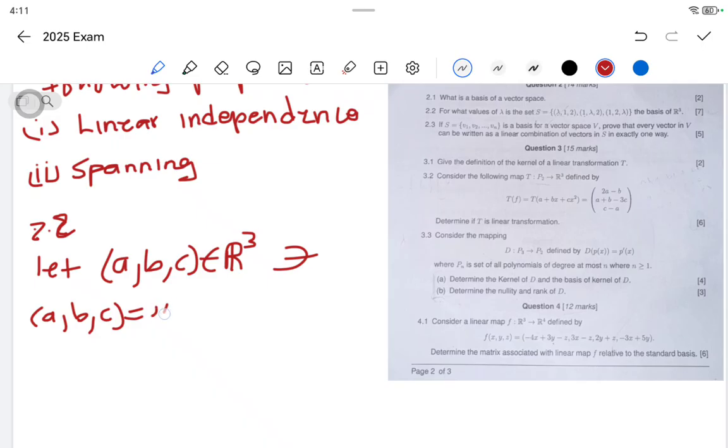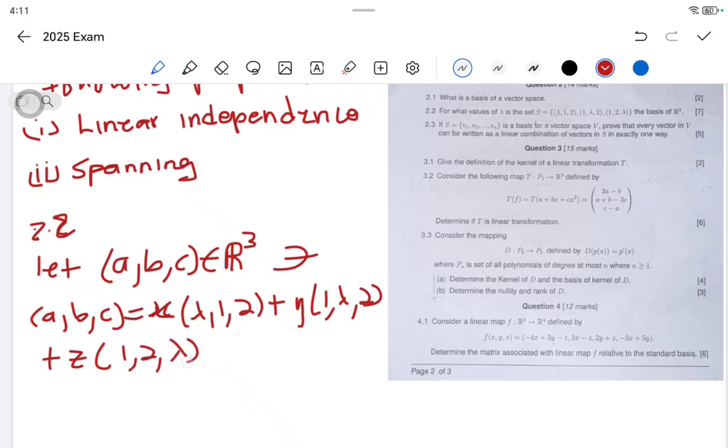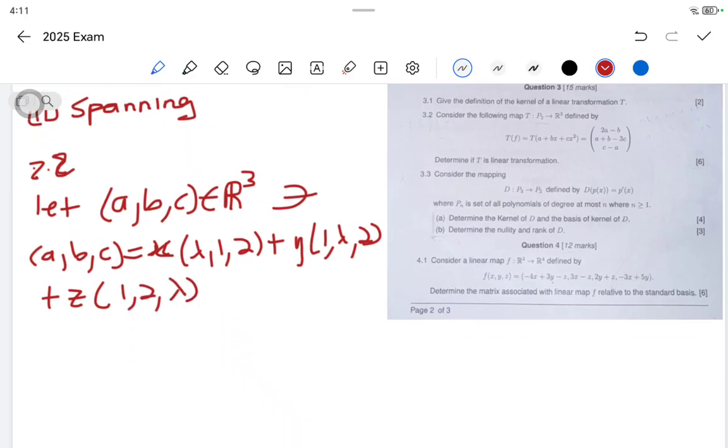We can say X, Y, Z, everything that is inside there, plus Y, this is 1 lambda 2, plus Z 1 2 lambda. And then this will just be A, B, C.